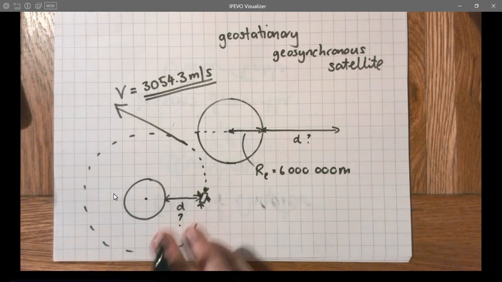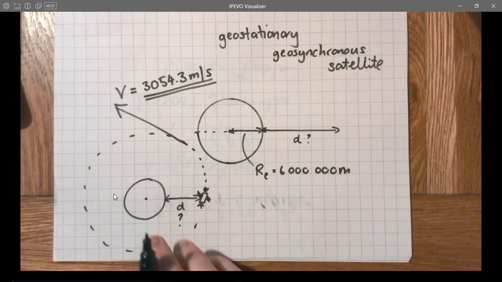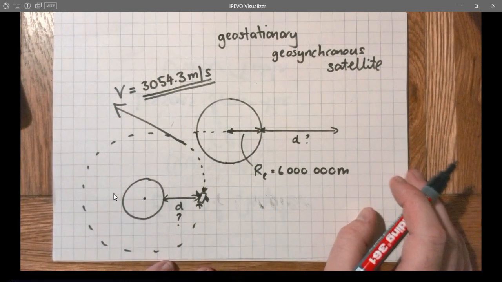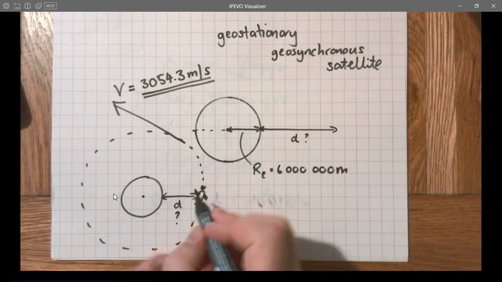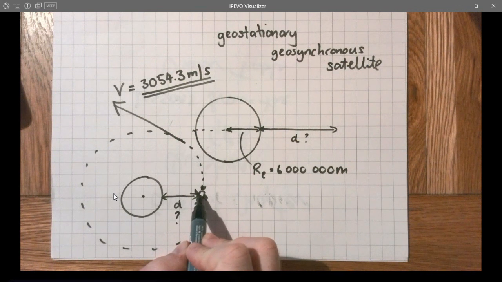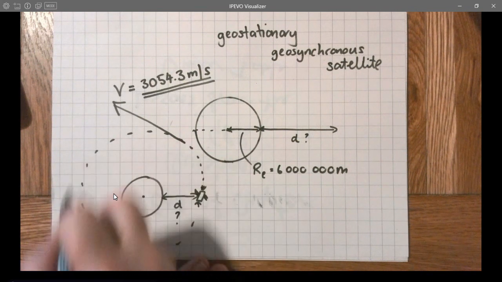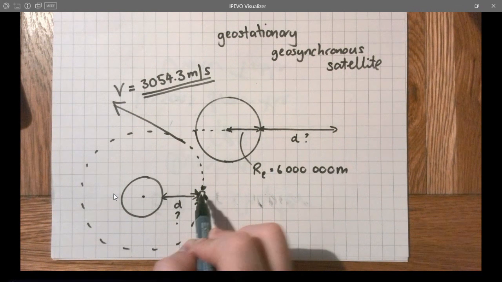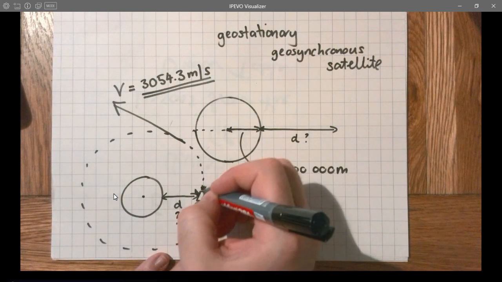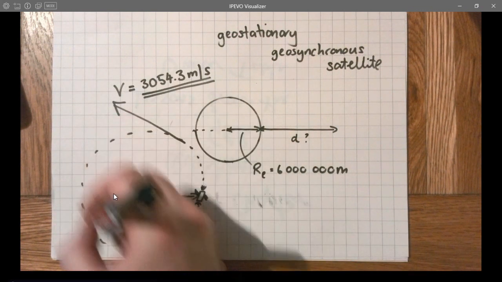Now that would bring into play some information. We need to know how long it takes to go from here round to the same position. In other words, how long does it take to cover this path around the Earth?